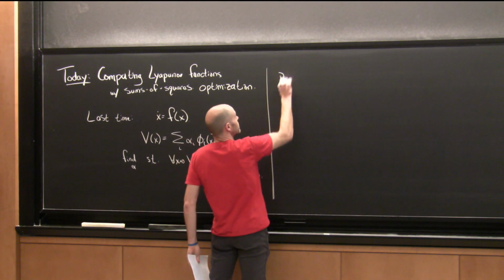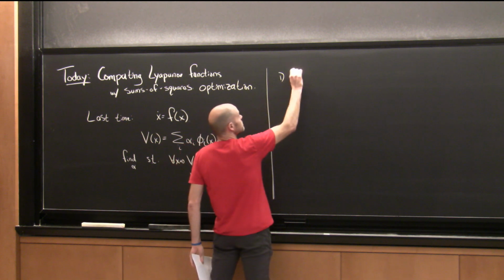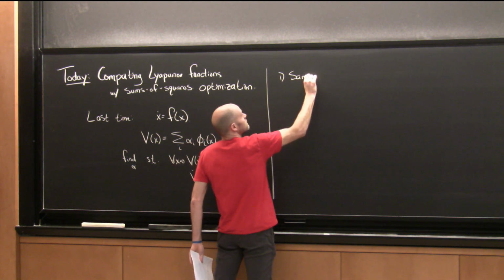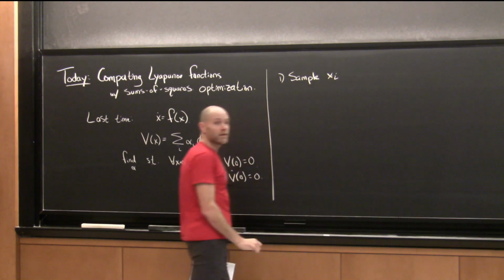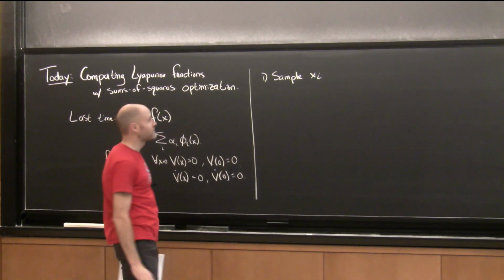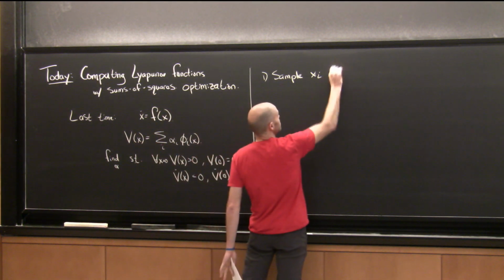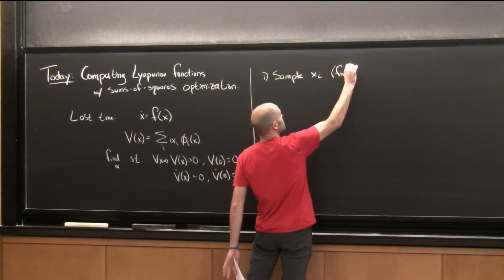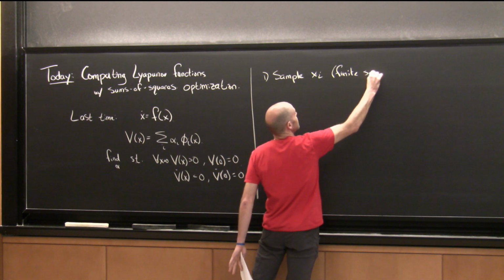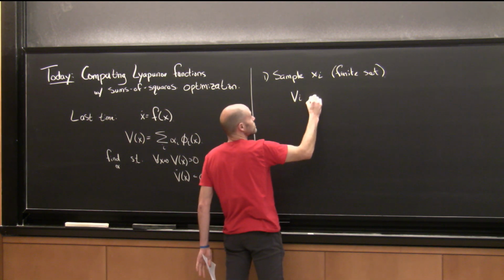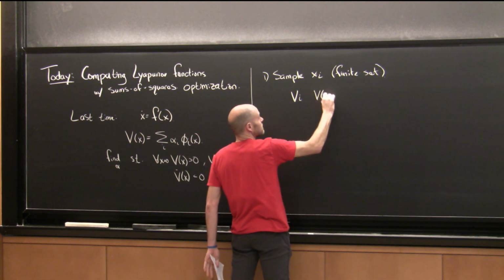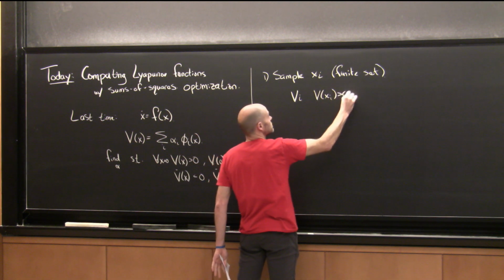So we had 2 initial algorithms last time, right? The first algorithm, we said we know how to sample a bunch of points x_i, some finite set of samples, right? And then we could say for all i, enumerating those, these properties hold.